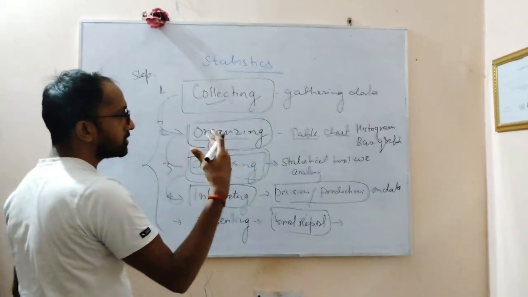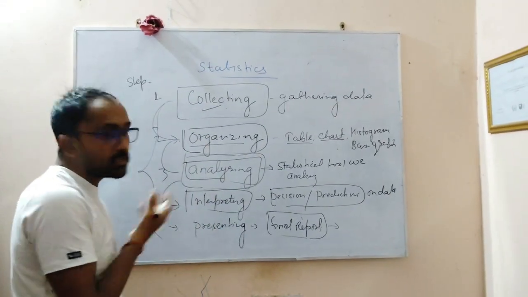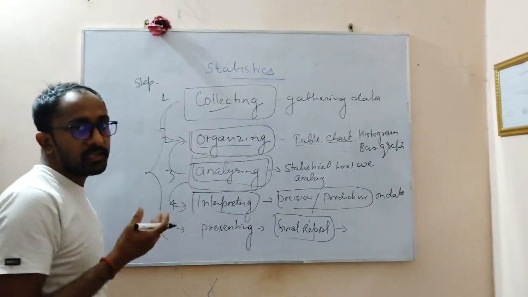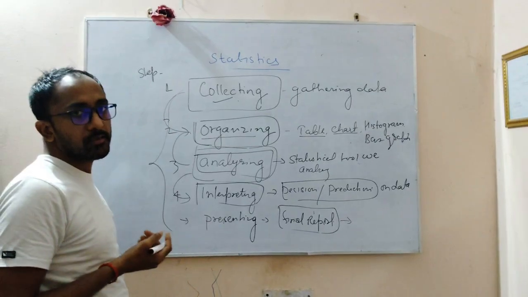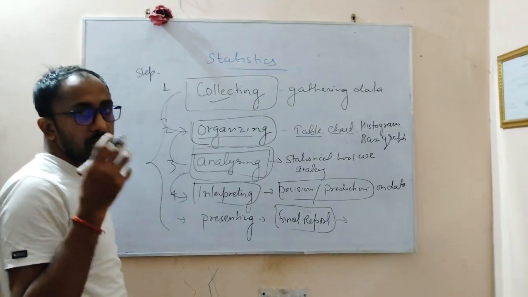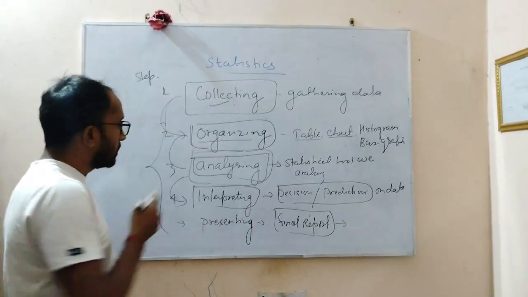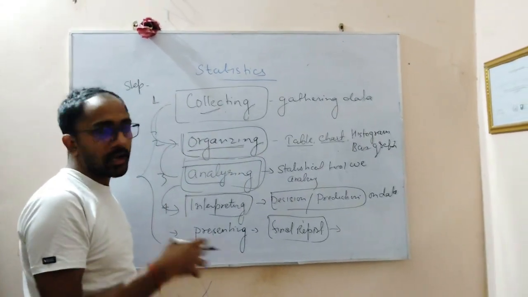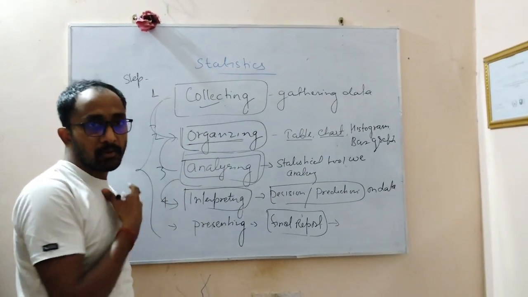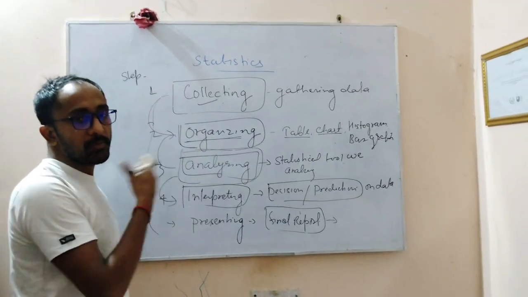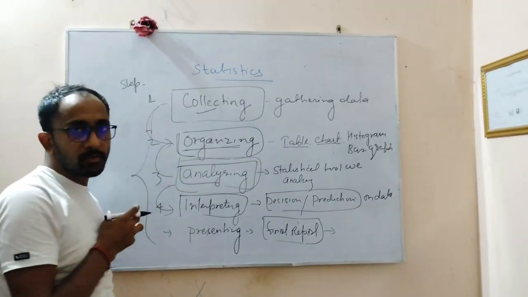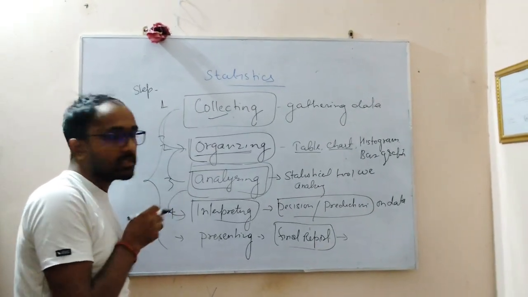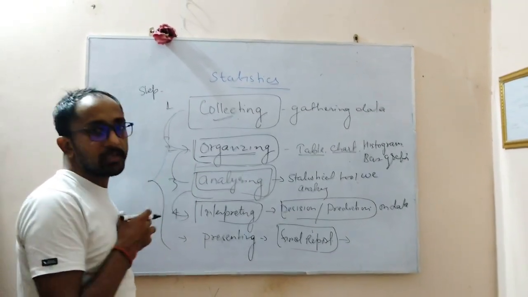Organize. We have to organize. Only collecting is not statistics. We can't make any insightful decisions on the data we collected. We need to organize that data. What types of data is it? If we are collecting from people, populations, samples, then how many people do we collect from, and on what indicators do we collect the data?